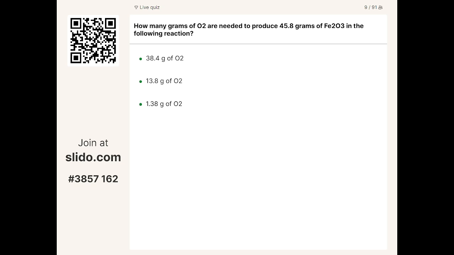Okay. So in this case, we're trying to figure out how many grams of O2 we need that would produce 45.8 grams of Fe2O3 in that reaction, right?